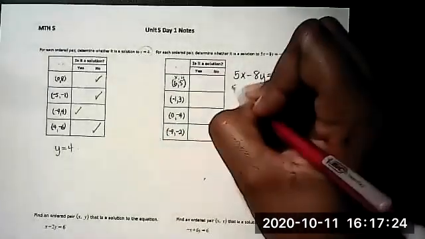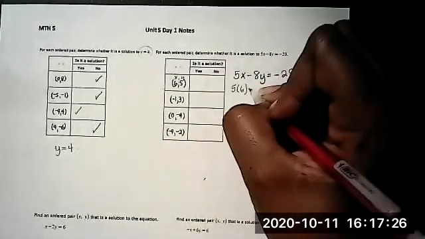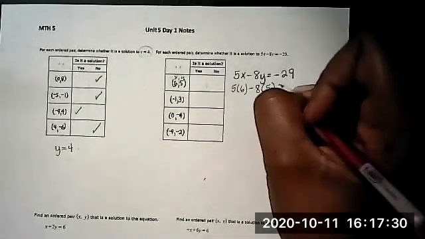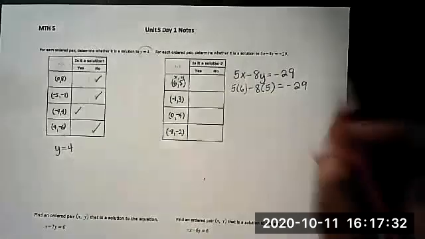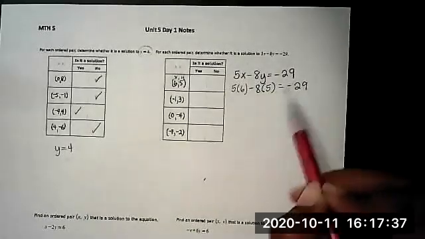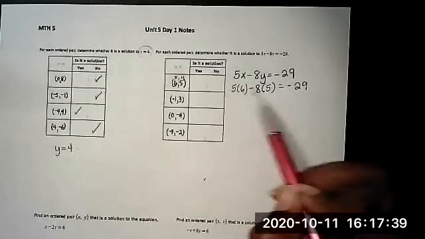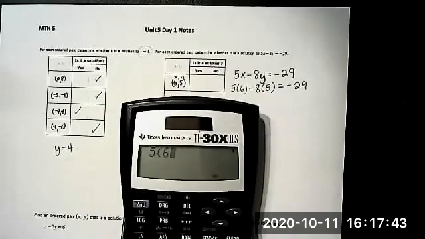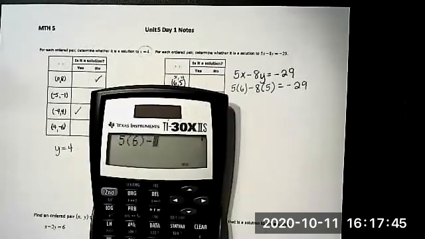If I put 5 times 6 minus 8 times, in place of y, I'm putting 5, equals negative 29. If it comes out to be true, so if negative 29 is the answer to that, then this is a solution. So let's put it in our calculator. Let's put 5 times 6 minus 8 times 5.